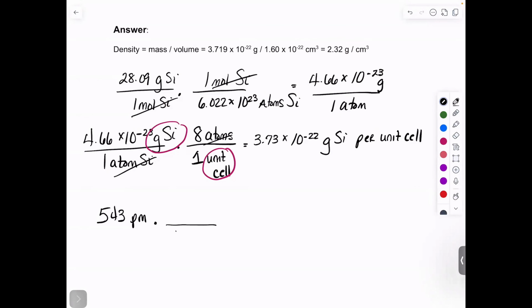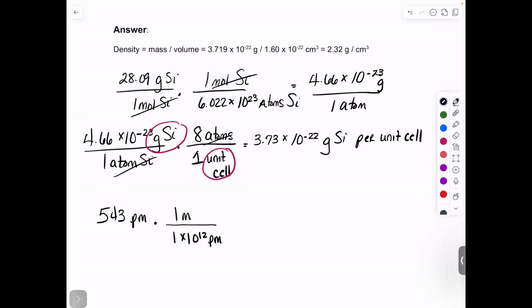And so that would be 1 picometer, it's six one way, half a dozen the other. But I'll go ahead and say that 1 meter has 1 times 10 to the 12 picometers.